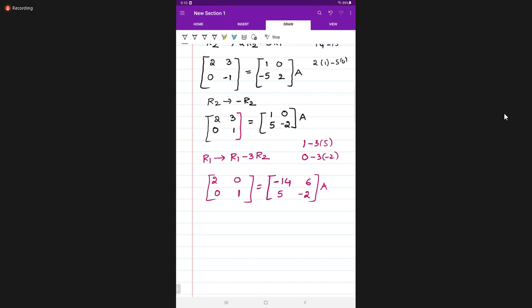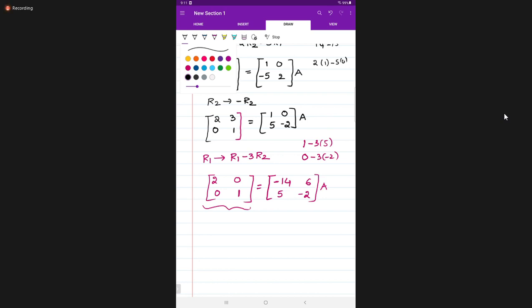Now tell me. So here we got 0, here 1. So this left side 2 0 0 1 has to convert into identity matrix, right? Identity matrix means 1 0 0 1. So in place of 2, what do we want here? 1. Remaining elements we already got. In place of 2 we got 1, we want 1, right?